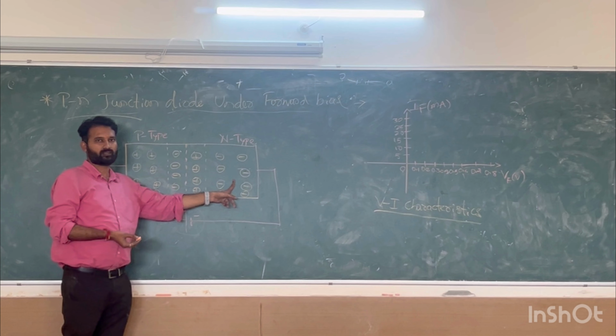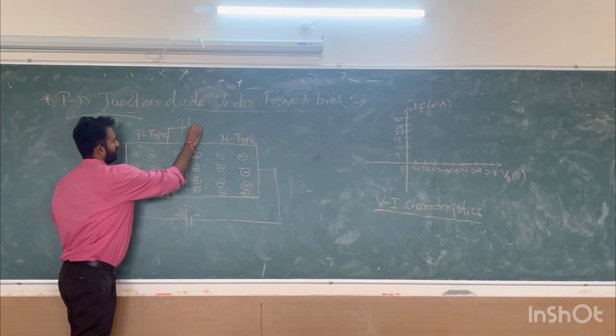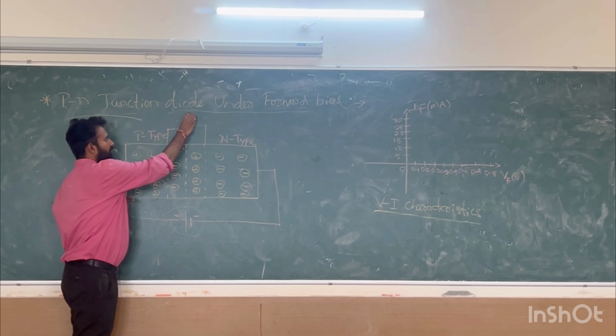It will stop the further movement of majority carriers. Keep in mind, it acts as a barrier, a door, a wall. It was stopping the further movement of majority carriers. Majority means many carriers, it may be holes or electrons. Consequently, what is this?